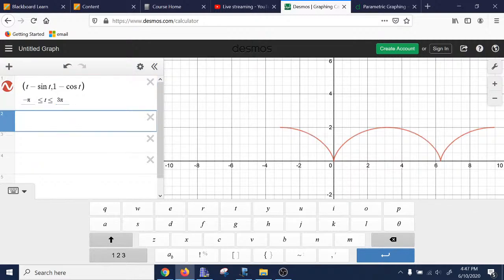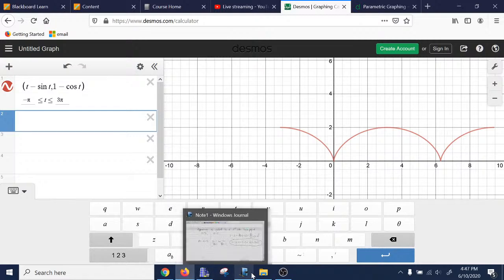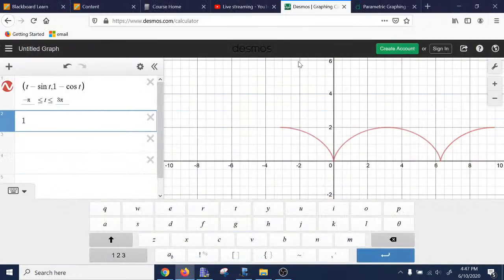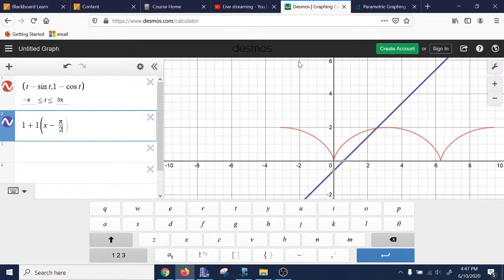So allegedly, we have a polynomial that's supposed to be a really good approximation for that at pi over 2. That polynomial is 1 plus 1 times x minus pi over 2 plus 1. This should, with two terms, already be a tangent line.